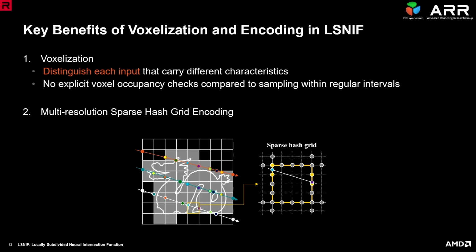So let's focus on the area around this yellow square. In a sparse grid encoding, feature vectors are only stored on these box cell boundaries, shown in these grayish points, and other features are just ignored. So we only need to store some features on the box cell boundary.